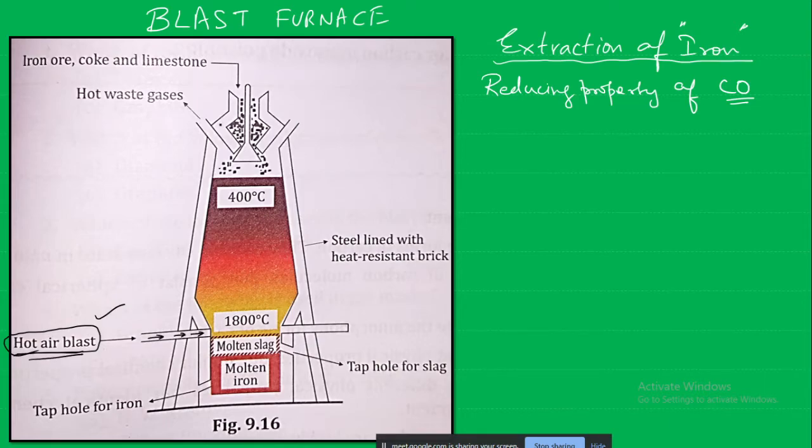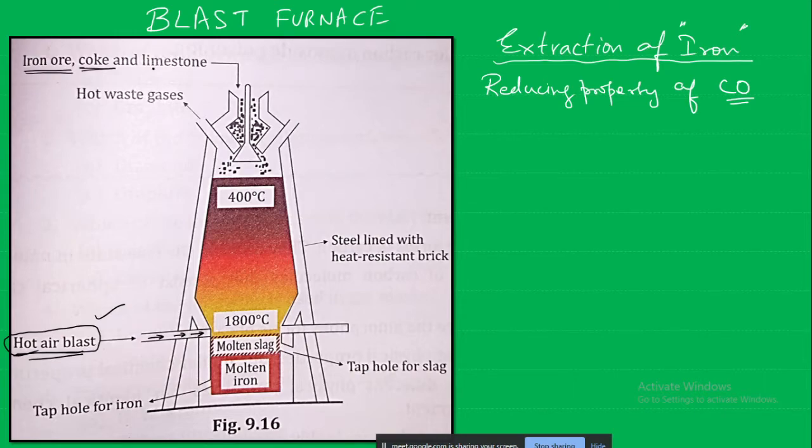So how is this working? At the top of the design, you can see it is almost close to a pyramid structure, in which at the top we are giving the raw material, that is the iron ore. Iron ore here is nothing but the oxide of iron, correct? With coke, which is obtained by the fractional distillation of coal.